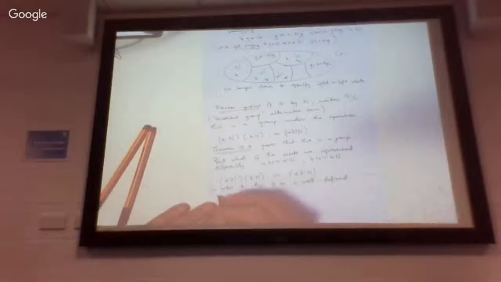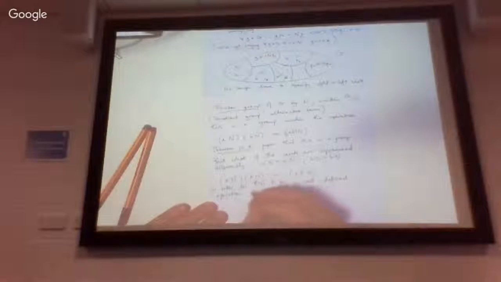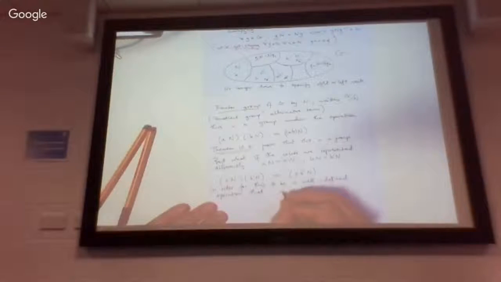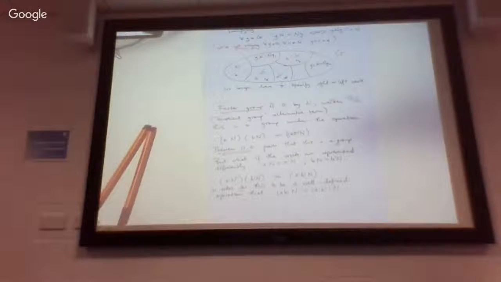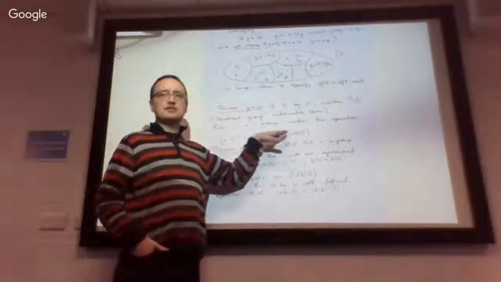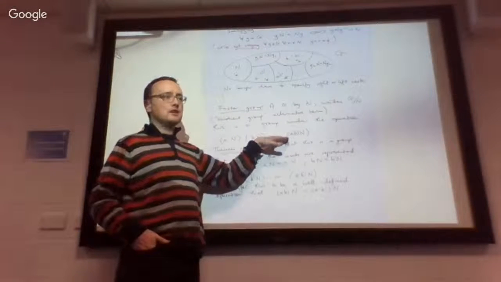We need to prove that these two right-hand sides are actually the same. That ABN is equal to A prime B prime capital N. Because without that knowledge, we don't know that this is even a proper definition of a binary operation.